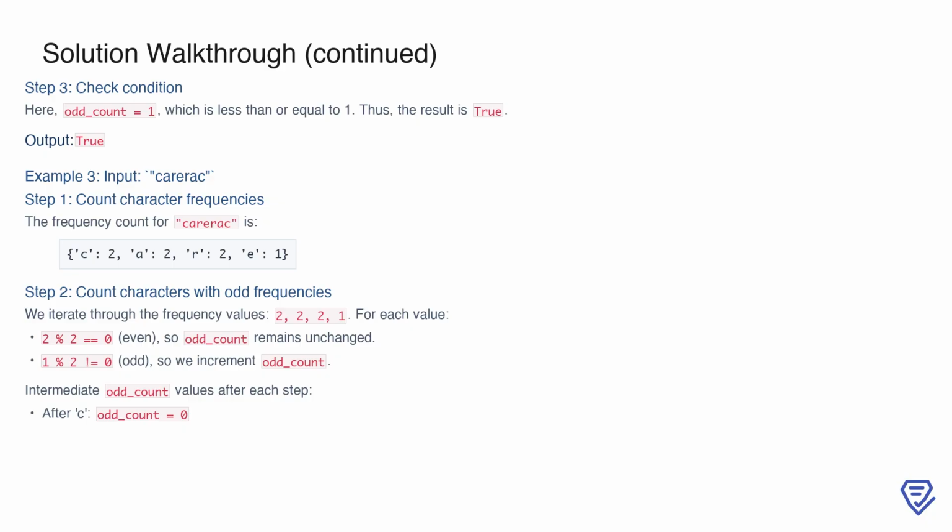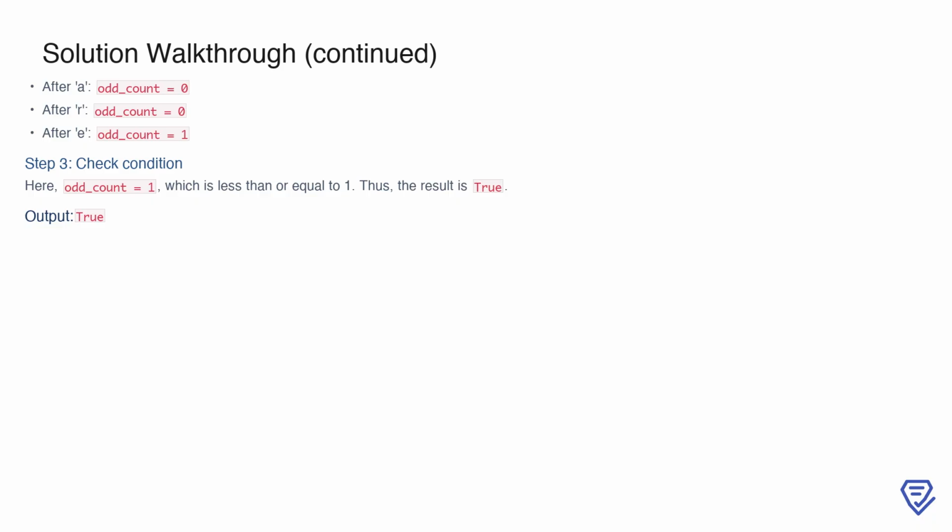Moving on to the next example, the input string is carrace. First, we count the frequencies of each character, which results in c 2, a 2, r 2, e 1. Next, we count the odd frequencies. Iterating through the frequency values 2, 2, 2, 1, we see that the frequencies for c, a, and r are all even, so odd_count remains at 0.